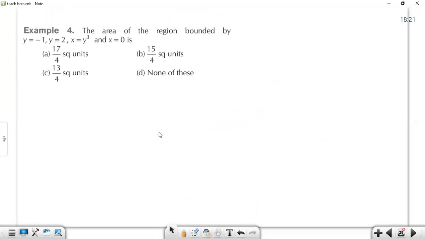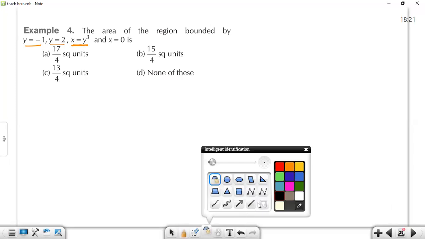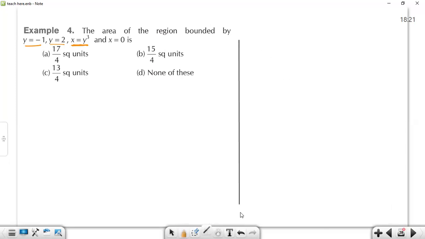The area of the region bounded by, okay, we have this straight line. This is also a straight line. This is some curve, the same as we have seen earlier, of cubic curve. So we are going to draw the graph first.